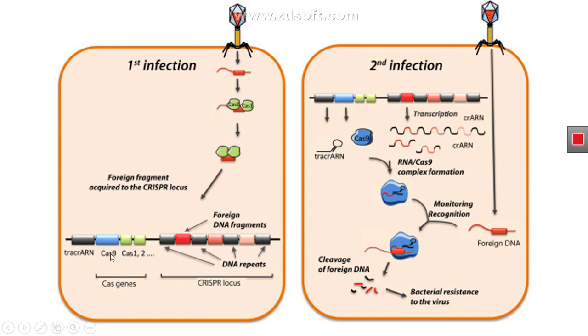The Cas9 gene, Cas1 and Cas2 genes are transcribed and then translated into Cas1 and Cas2 proteins. These Cas1 and Cas2 proteins have the ability to cut the bacteriophage DNA and then finally integrate this bacteriophage DNA as a spacer in the E. coli host genome.